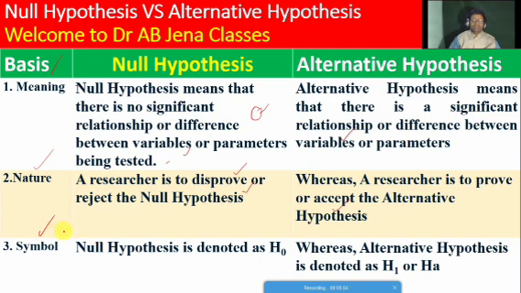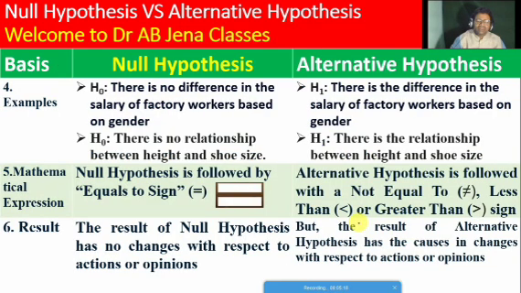What is the symbol? The null hypothesis is denoted as H0, whereas the alternative hypothesis is denoted as H1 or HA.